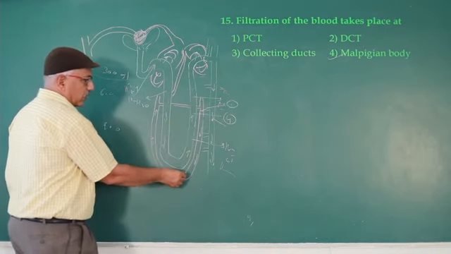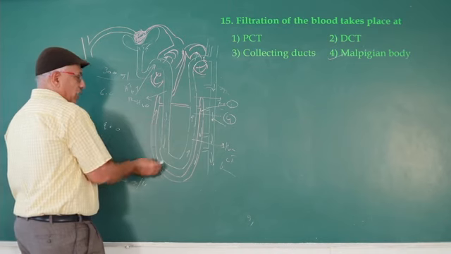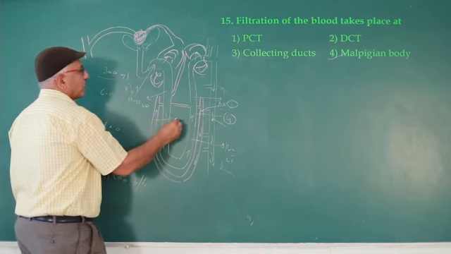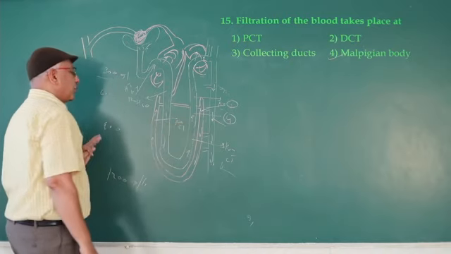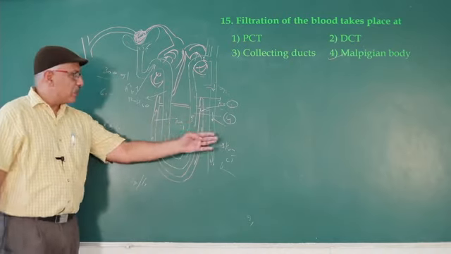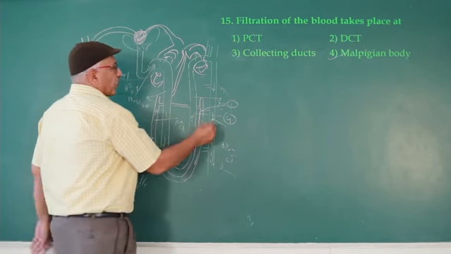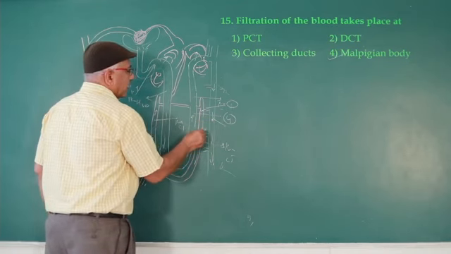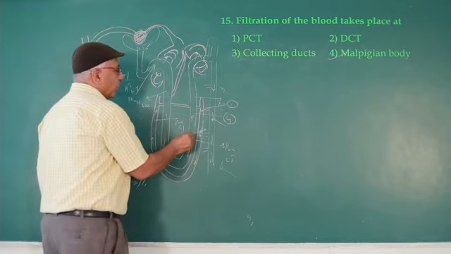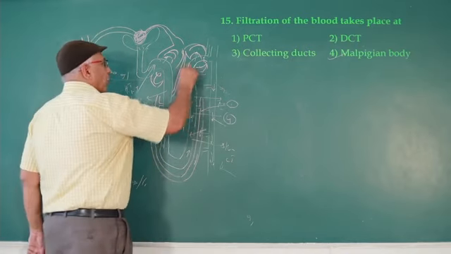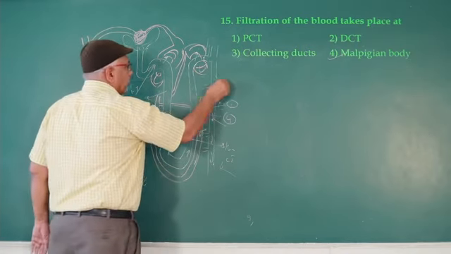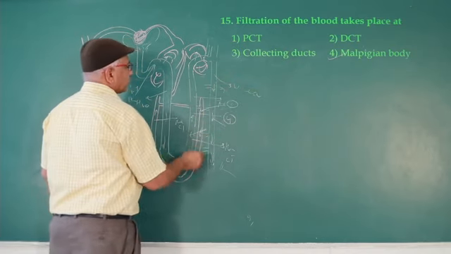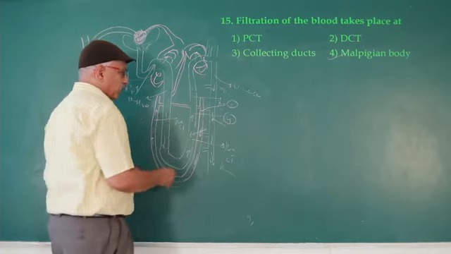So the concentration of blood increases. Next point, while blood is passing through the ascending limb of vasa recta, electrolytes enter into the medullary fluid. Another point, urea present in the medullary fluid enters into the ascending limb of loop of Henle, and while primary urine is passing through the straight collecting duct, the same urea enters into the medullary fluid.